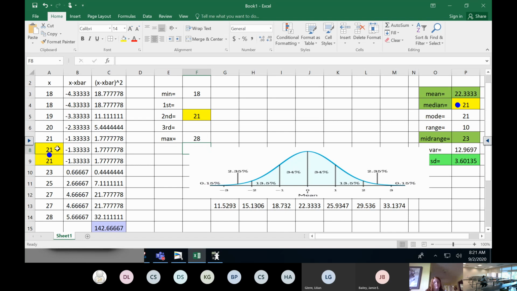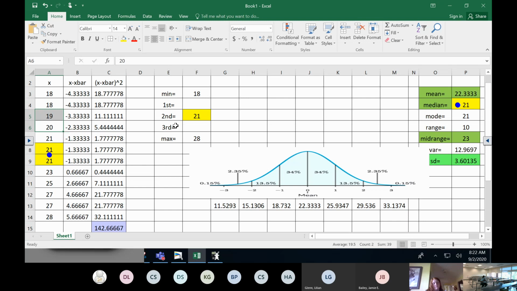So we got to count above the blue dot. 1, 2, 3, 4, 5, 6. How many numbers do we have above the blue dot? 6. Is that odd or even? Even. So we're going to have to average the two middle numbers. And I'm finding the median of the top, the median of the bottom.